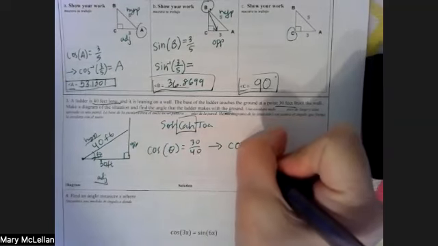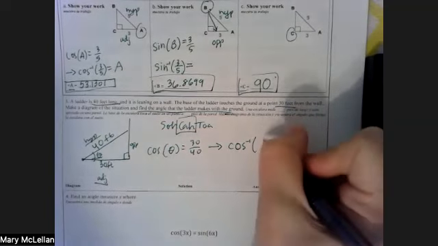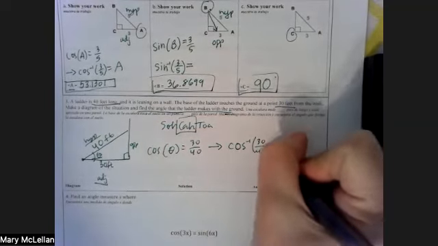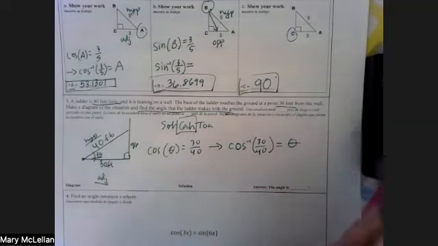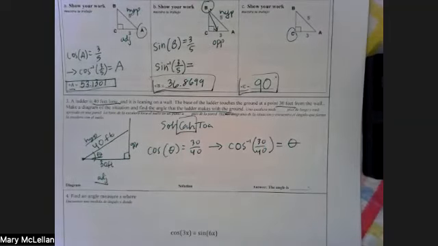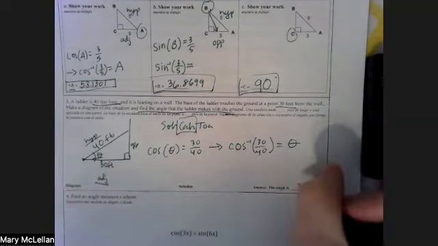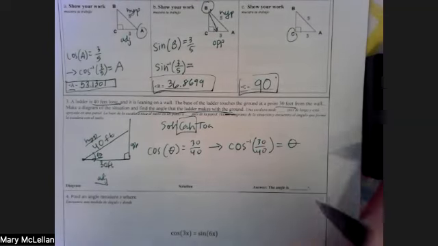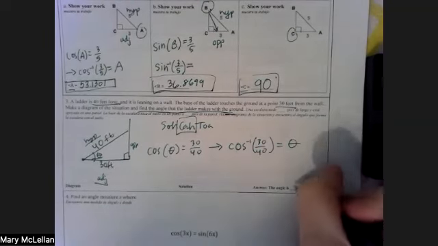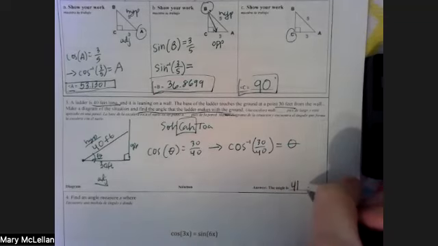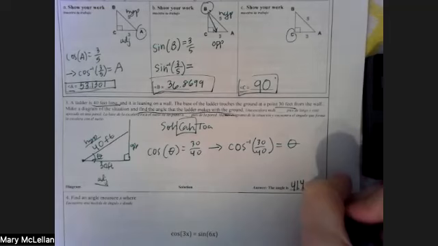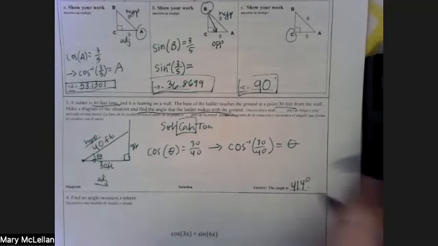So cosine inverse of 30/40 should equal my angle. And I'll put that in my calculator. And my angle is about 41.4 degrees.